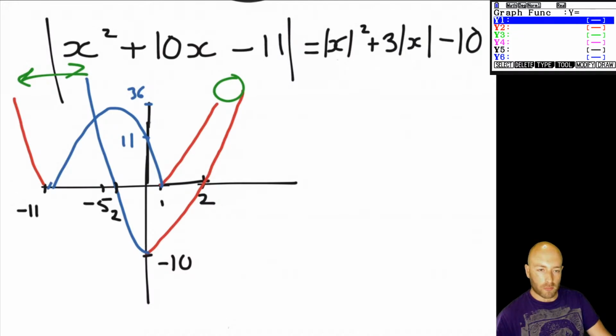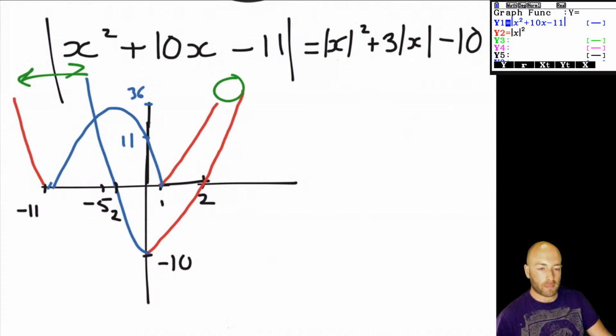Right, so we're doing modulus, so we're going to type in option, numerical, abs, x squared plus 10x minus 11. That's one of them. The other one, we're going to need lots of those, lots of abs.